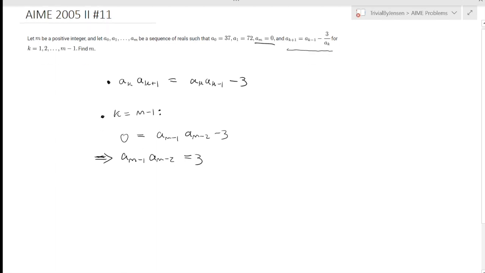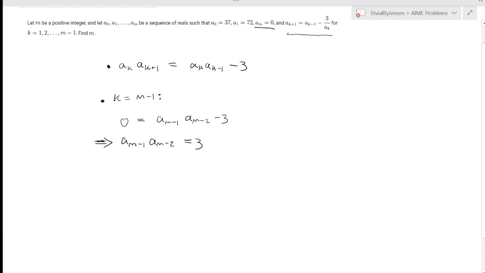So all that tells us is that a sub m minus 1 times a sub m minus 2 is equal to 3. Now let's rewrite this relation as a somewhat nicer equation that we can use to solve for m. Using a0 and a1, we see that a sub k times a sub k plus 1 is really equal to a0 times a1 minus 3 times k.